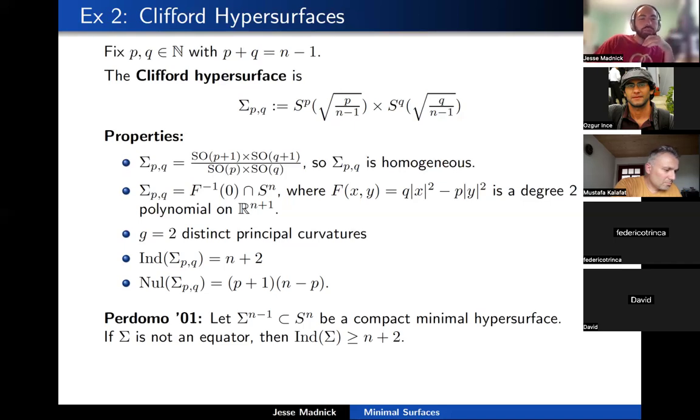I'll just mention one. Perdomo showed this: if you have any compact minimal hypersurface in the round sphere, and it's not the equator, then the index of sigma is at least n plus 2. So there's not only a lower bound, there's a gap in the values that the index can take. The index can't be arbitrary: if it's not 1, then the lowest it can be is n plus 2.